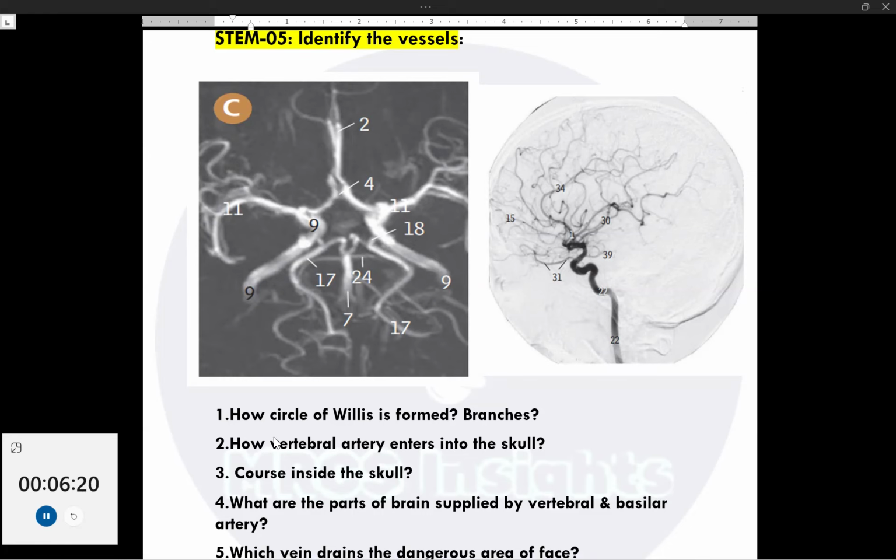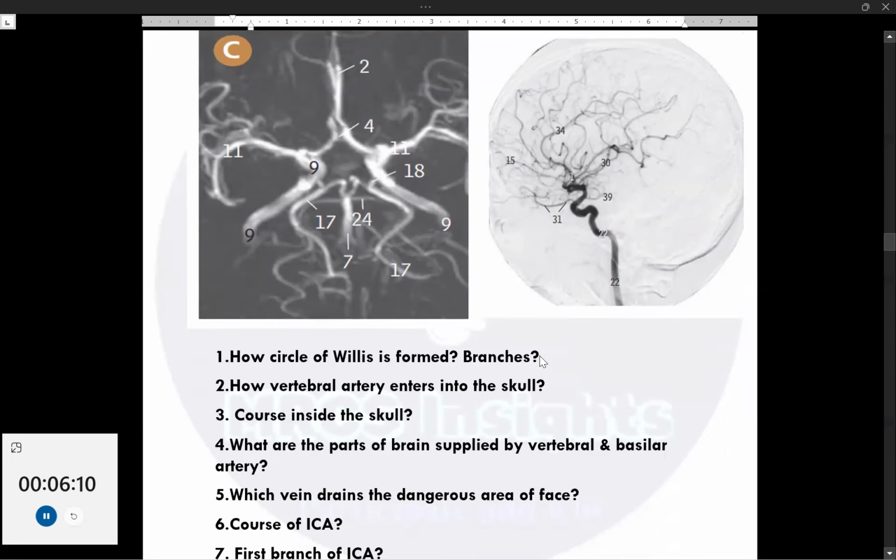Okay, so the vertebral artery basically ascends through the transverse foramen from cervical 6 up to the C1 cervical vertebra, and then it arches over the posterior arch of the C1 vertebra and enters the skull through the foramen magnum, and then it ascends upward, and at the lower border of the pons, it unites to form the basilar artery.